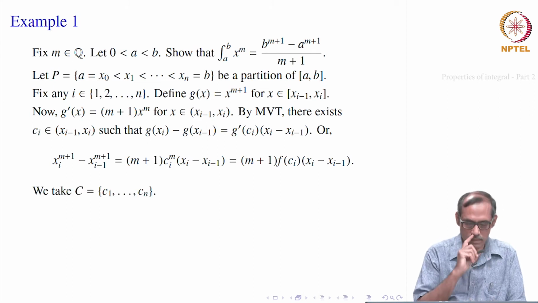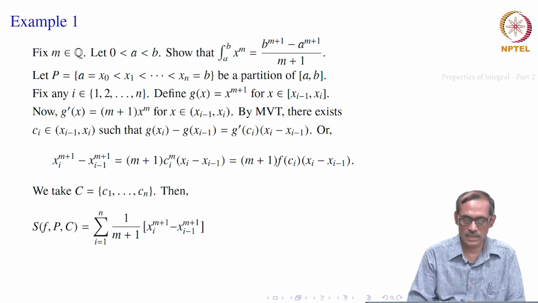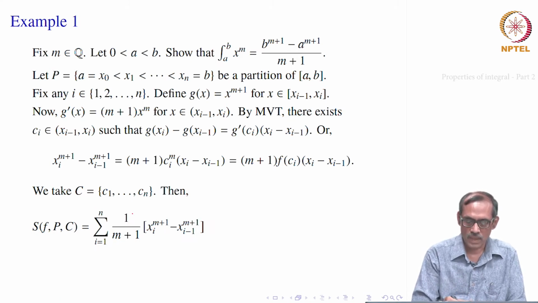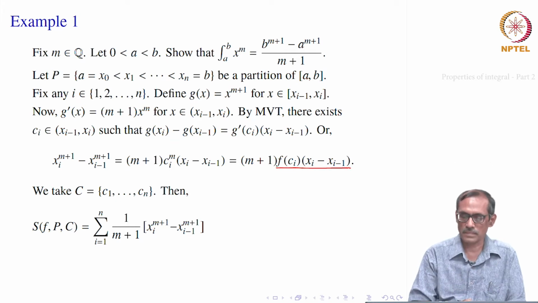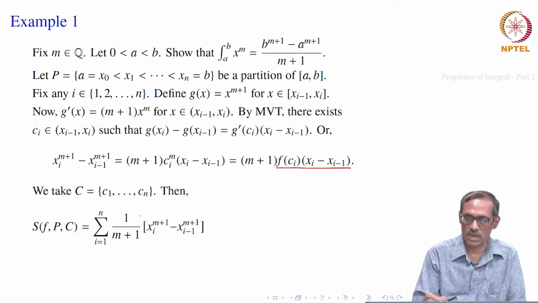Then what happens? With these c i's, our Riemann sum is equal to summation i from 1 to n of f of c i into x i minus x i minus 1. So, now what is that? It is f of c i into x i minus x i minus 1, inside the Riemann sum S f p c.